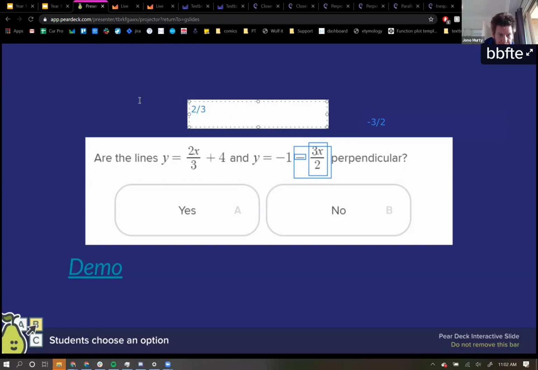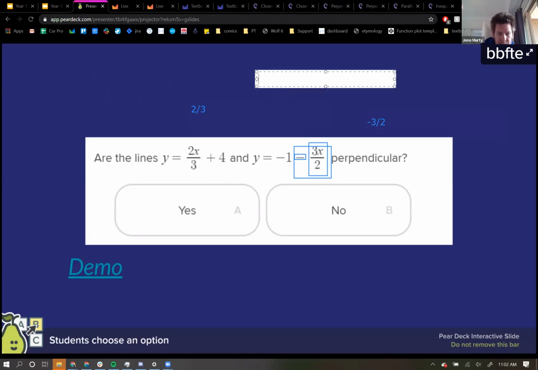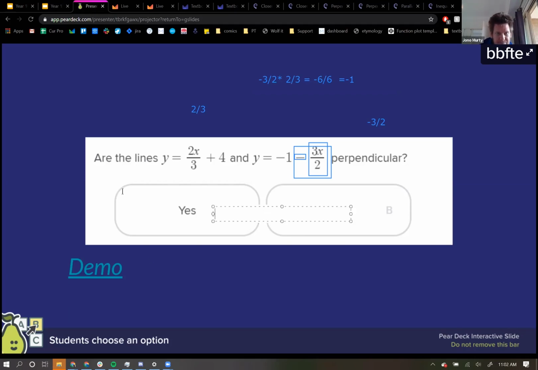If I multiply those together, minus 3 on 2 times 2 on 3, I'm left with minus 6 on 6, which is minus 1. And I get that they are definitely perpendicular. So I probably didn't include the right multiple choices here. Our answer here is yes.